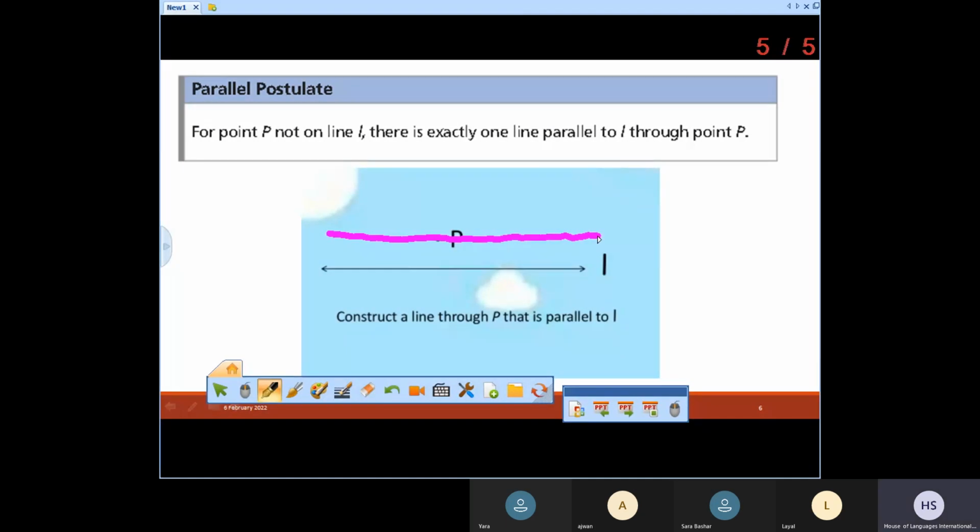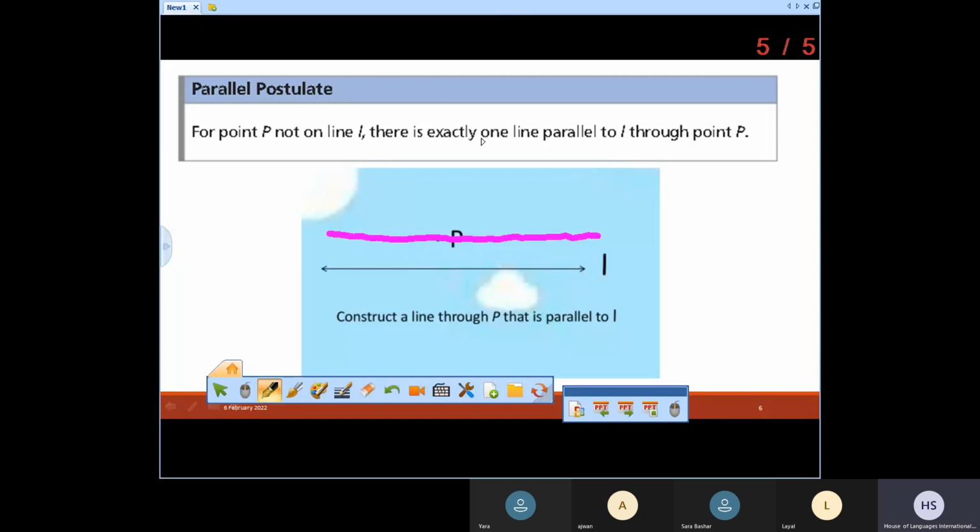Only one. Exactly. And I told you now, if we have a line, we can draw infinite number of parallel lines.